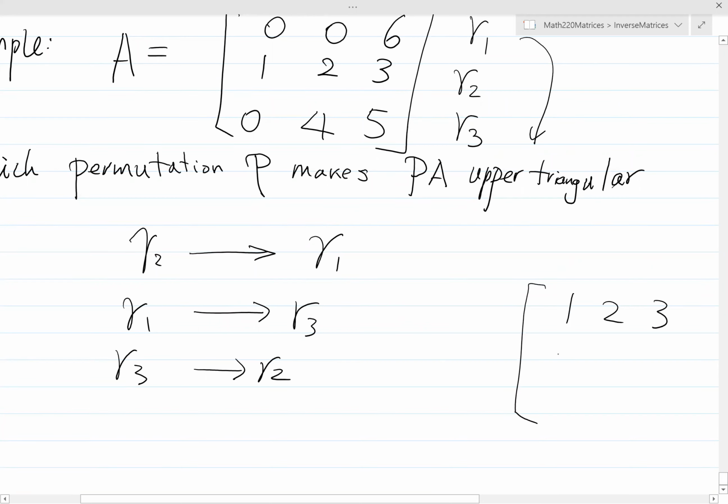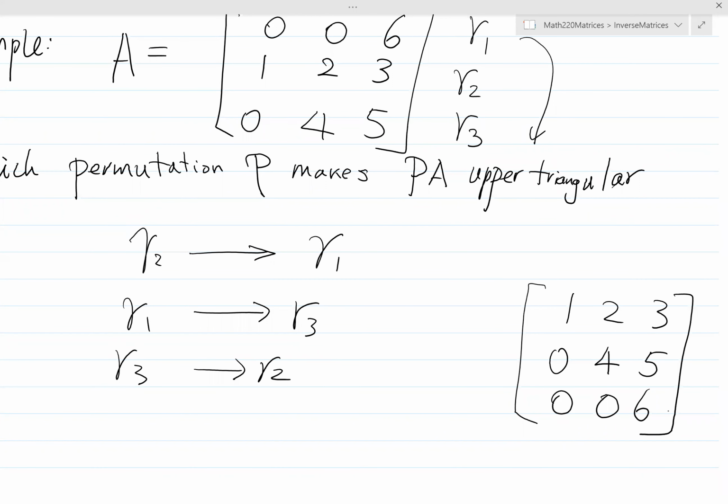And then the second row is 1, 0, 4, 5. And then the third row is 0, 0, 6. So you see, this is upper triangular. What this matrix does is, row 1 maps to row 2, so 2 goes to 1, then 1 goes to 3, and then 3 goes to 2.